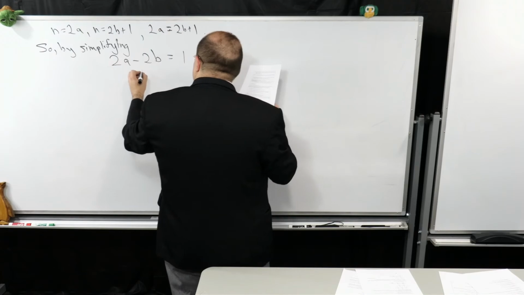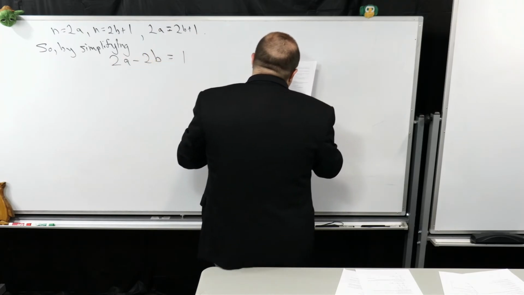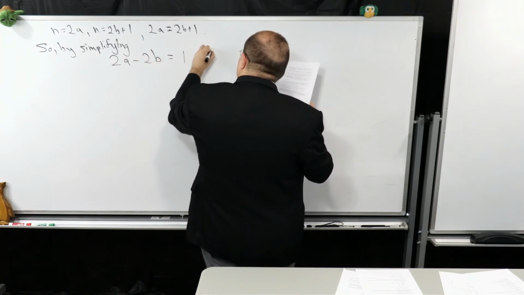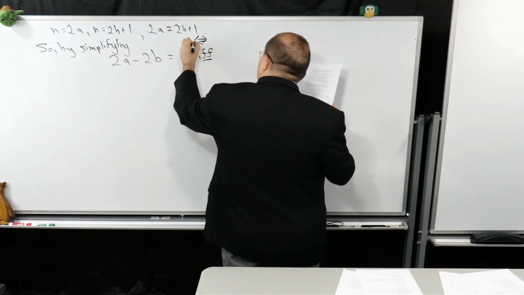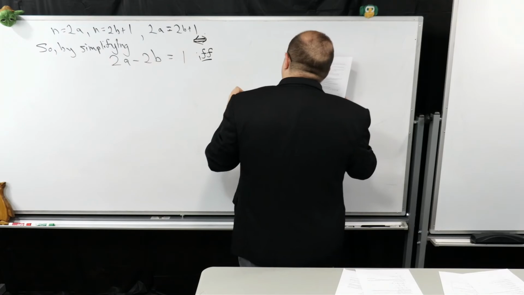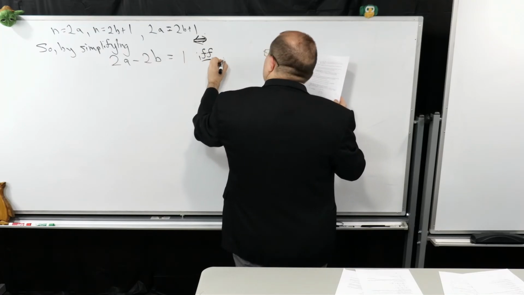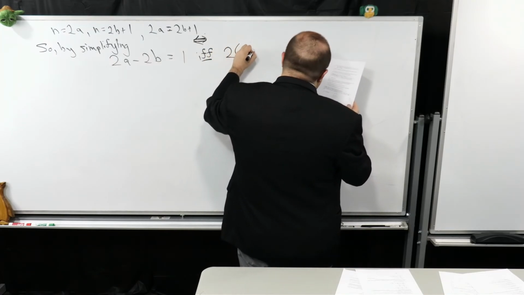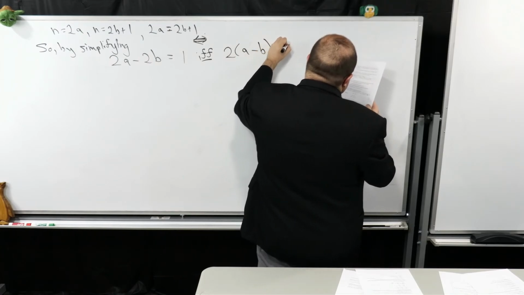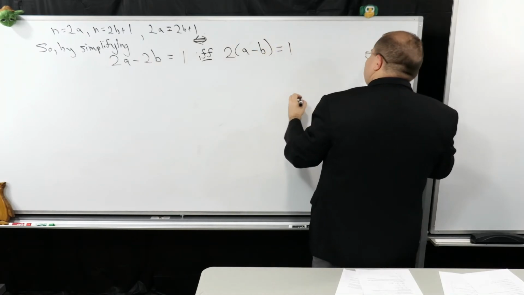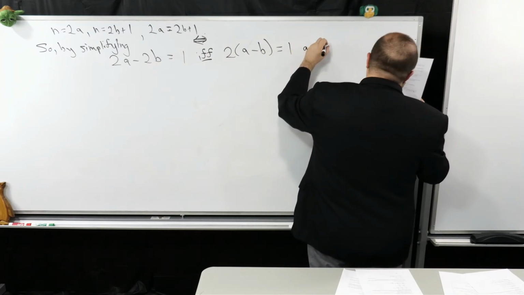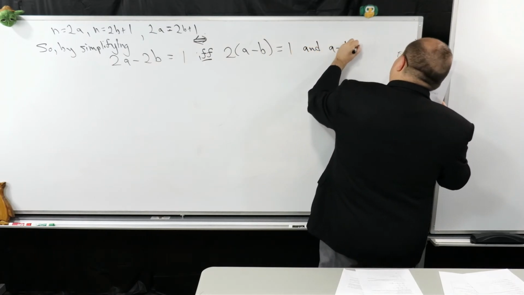And then this is true if and only if. This is an abbreviation for if and only if. Some people also use the double arrows like this. If and only if 2 times a minus b is equal to 1. Now I can rearrange this, and a minus b is equal to 1/2.